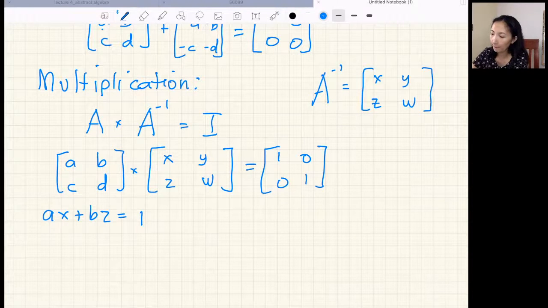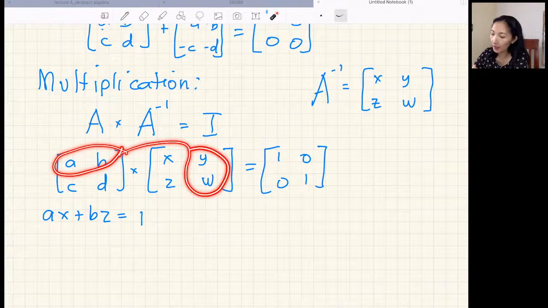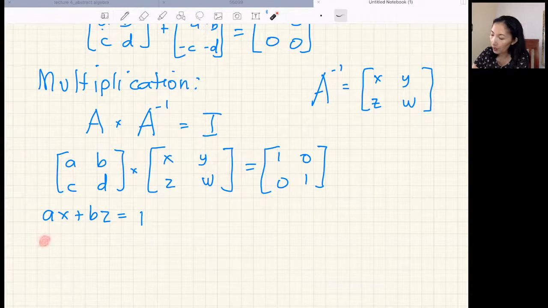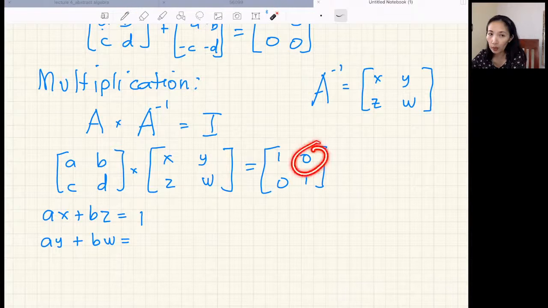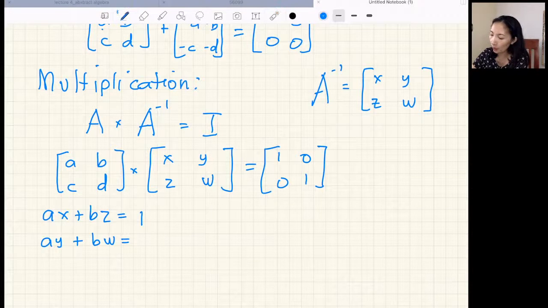Next, first row, second column gives AY plus BW, which should be equal to 0. Let this be equation number 1 and this be equation number 2.